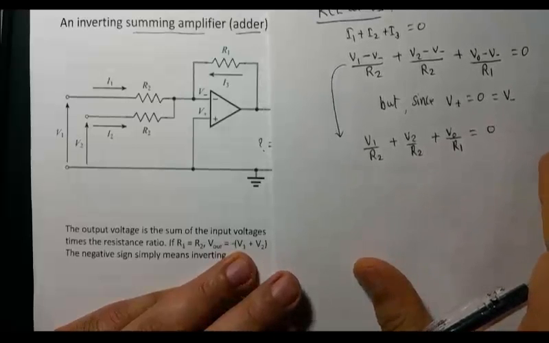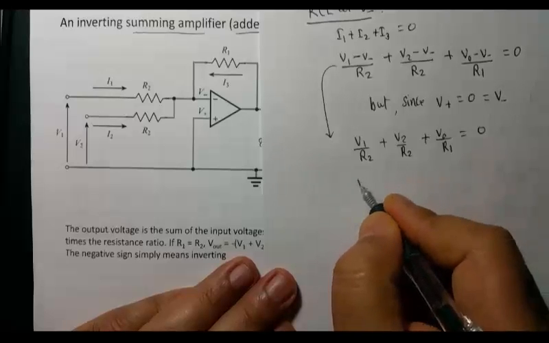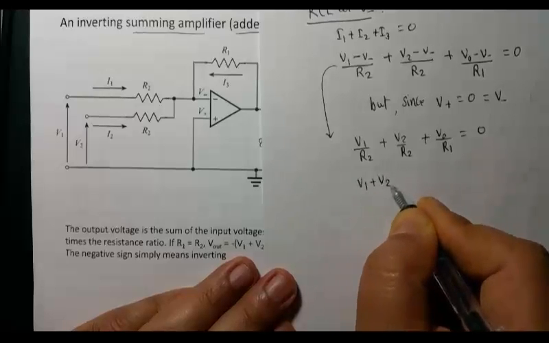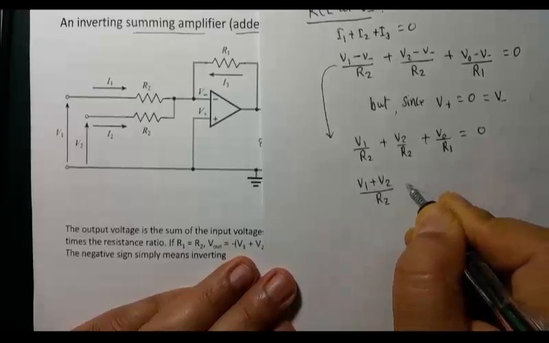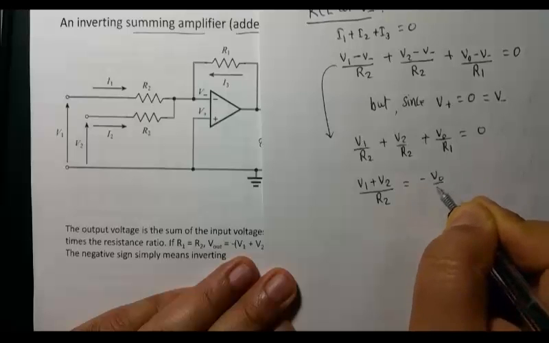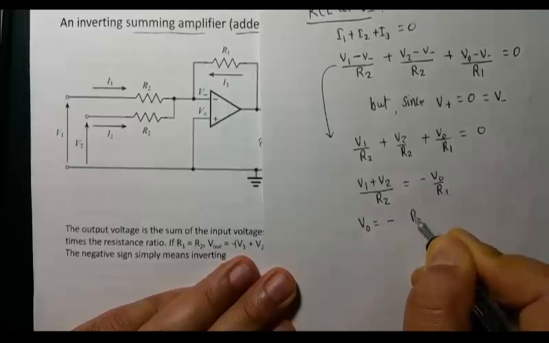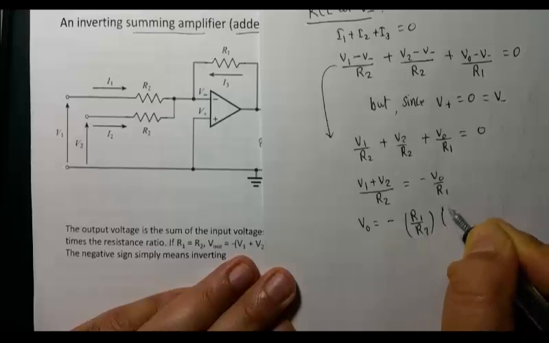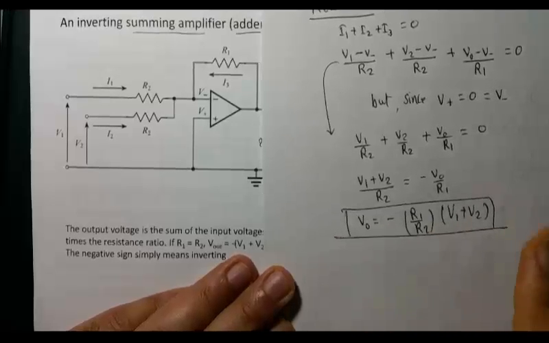So remember, we're calculating V out. So (V1 plus V2) over R2 is equal to negative V out over R1. So V out is negative R1 over R2 times (V1 plus V2).